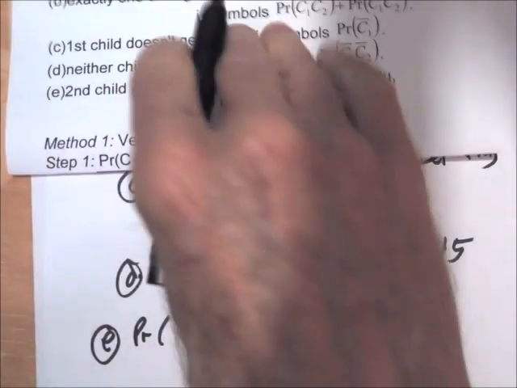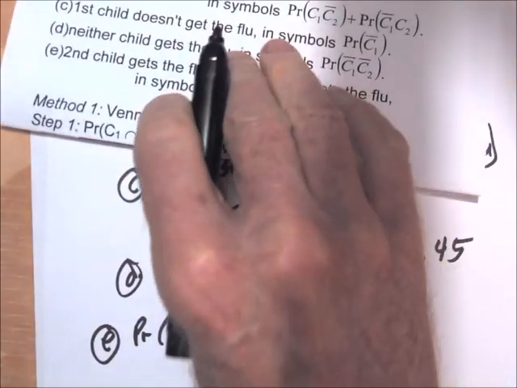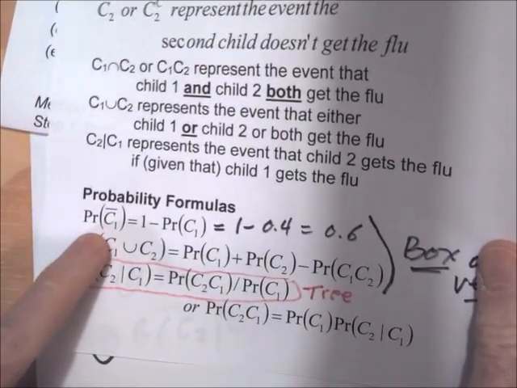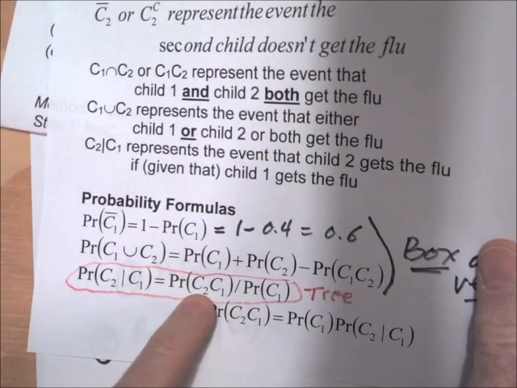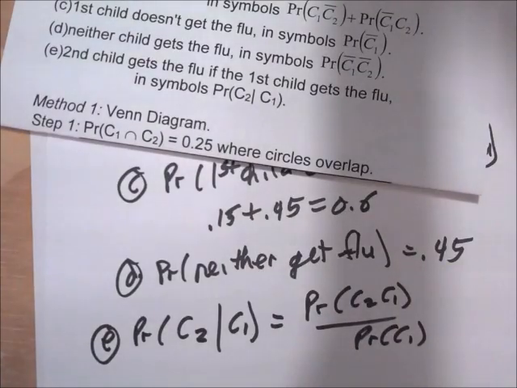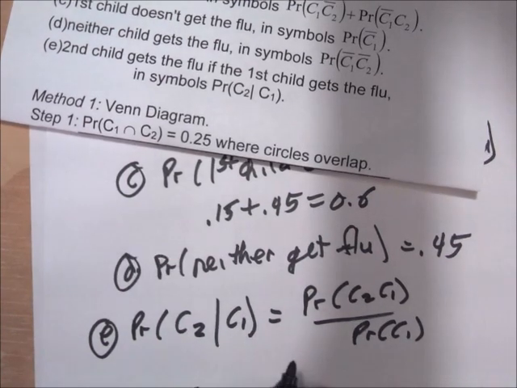The Venn diagram is good for the so-called addition formulas, but it's not good for the multiplication formulas or the division formulas. But we can use the formula here for the conditional probability of C2 if C1: probability of both divided by the probability of C1.